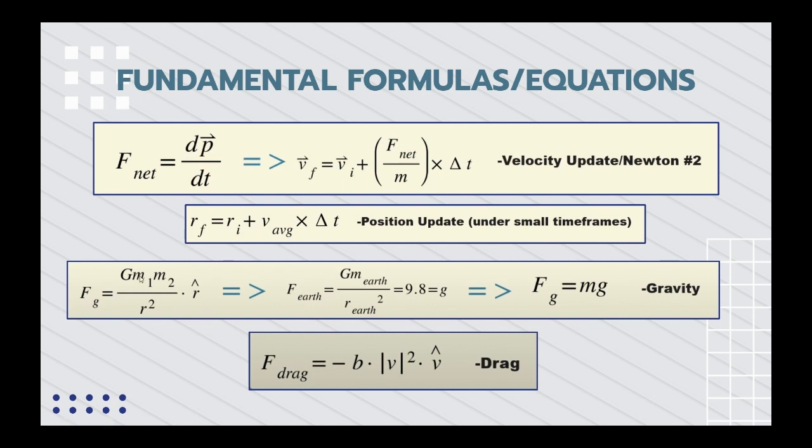And then there's the velocity update, the acceleration due to gravity, and F_g equal to m multiplied by g, which we are very familiar with. And then the drag force, which is going to be our last model, and we're going to be seeing how the drag force affects our position.